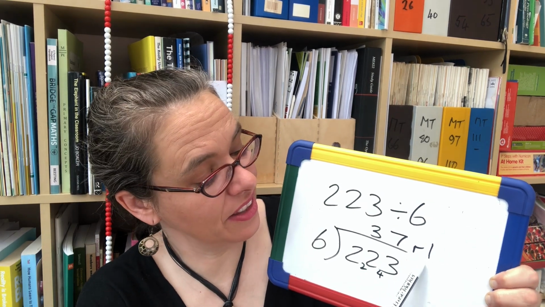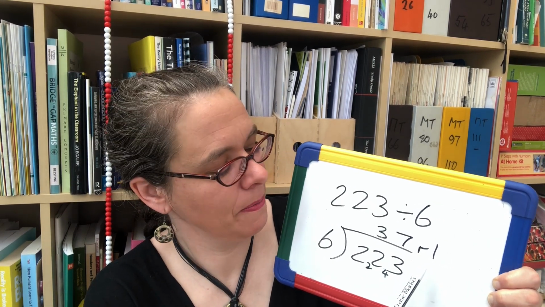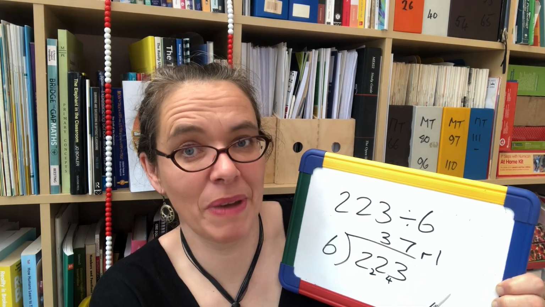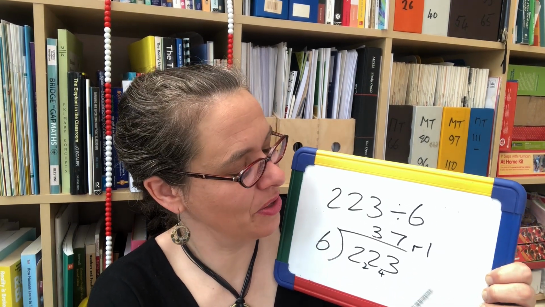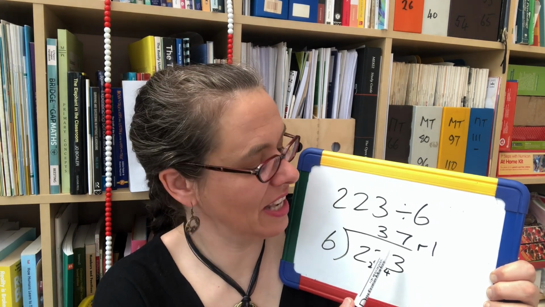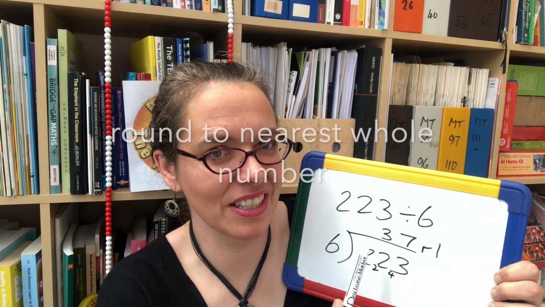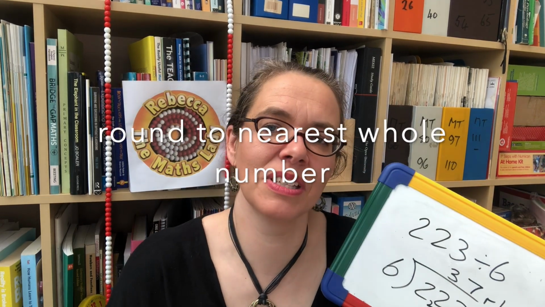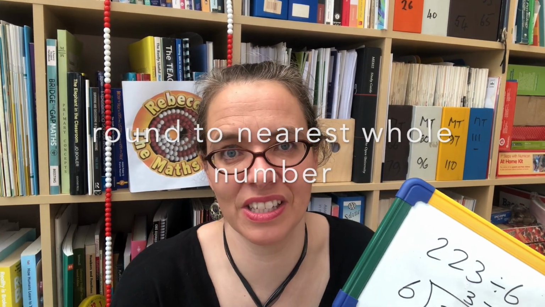So we need to think that that remainder 1 is going to be less than half. Half would be remainder 3. So if we round that to the nearest centimetre, each person is getting 37 centimetres. And there are circumstances in which you only want the accuracy to the nearest centimetre. So there are your 3 rounding situations.